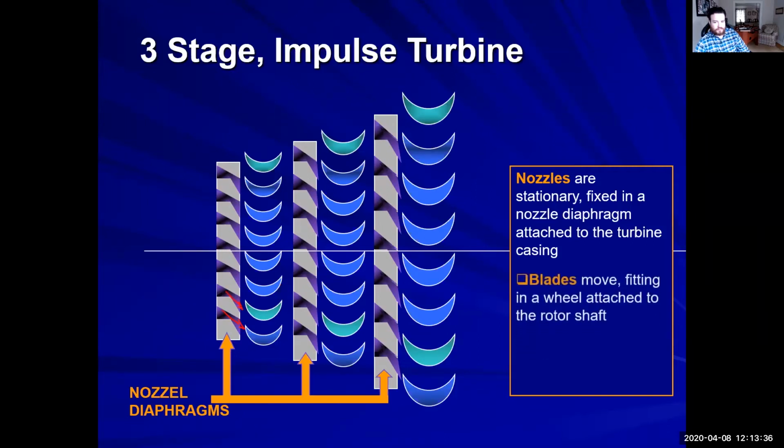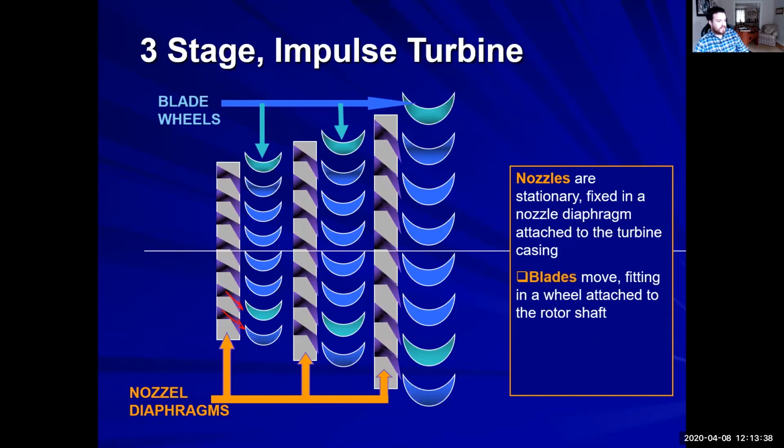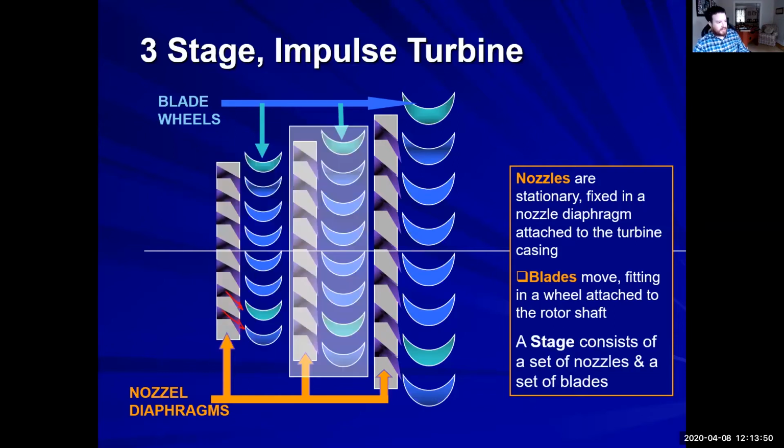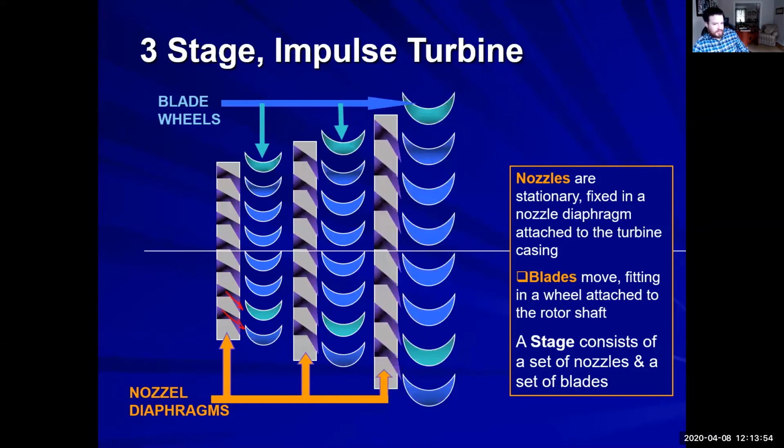Now we have the blades, these half moon sections. Blades move. They're fitted to a wheel and attached to the rotor shaft. A singular stage consists of a set of nozzles and a set of blades. Like the picture just showed, this is one stage, this is another stage, and this is the third stage. That's how we get a 3-stage impulse turbine.